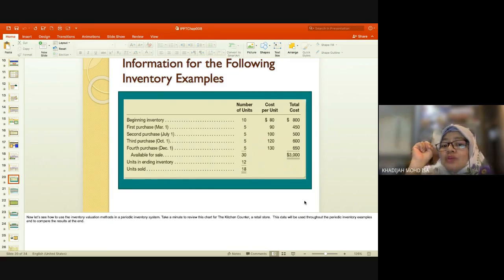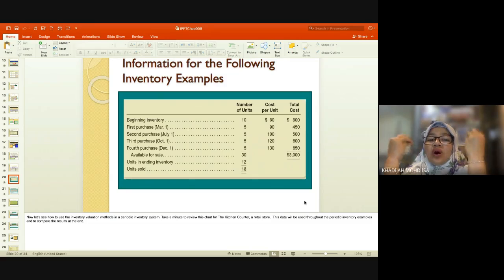How do you know 12 units? Because you do stock take. You count how many units you have from the 30 units. Now we only have 12 left, so the balance of 18 is your units sold.